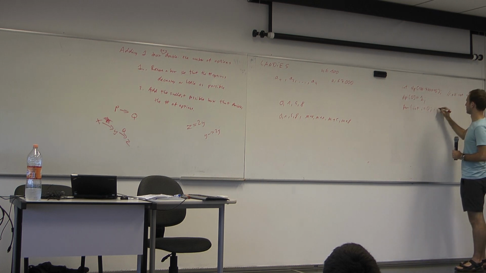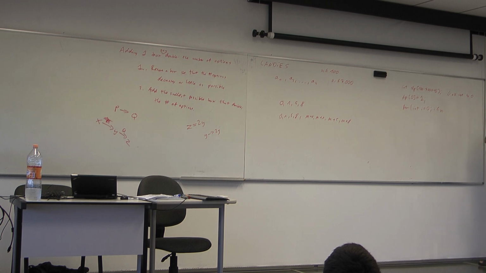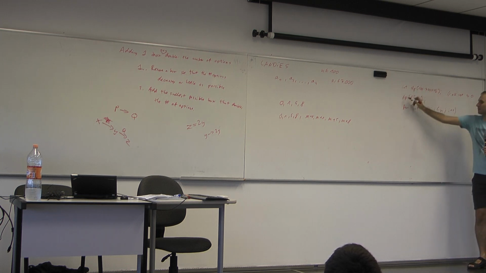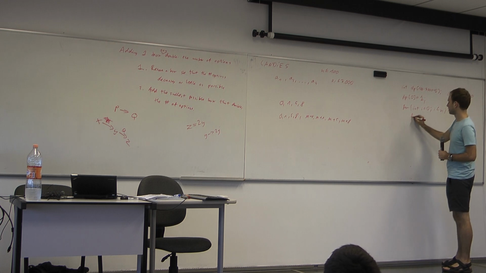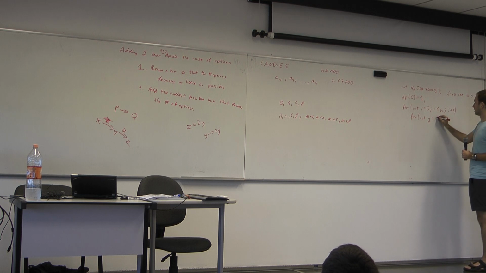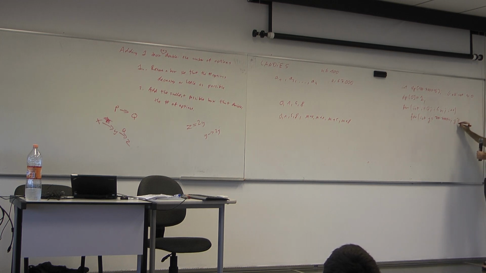And now I go through all boxes. Now, I usually don't write code, but in this case, I think it actually makes a lot of sense. You'll see it later. So I go through all boxes, and for each box, I add the information about this box to this array. So I have to go now from j equal to 100 times 7,000, while j has to be at least a of i, j minus minus.